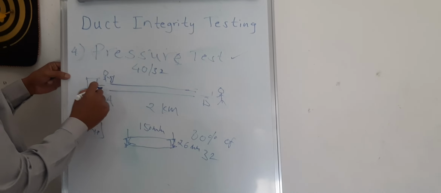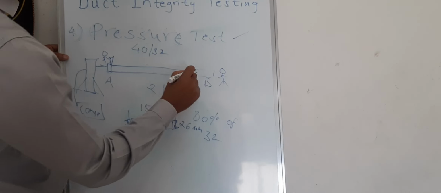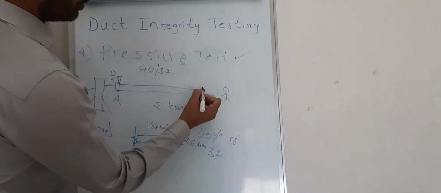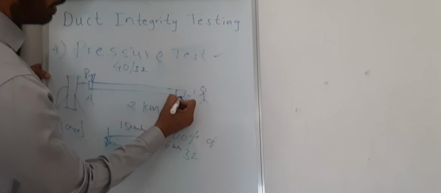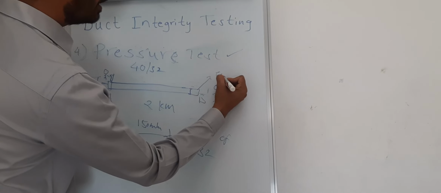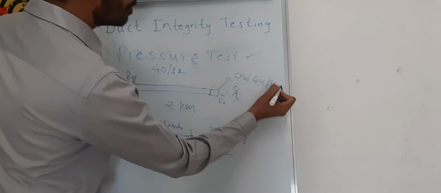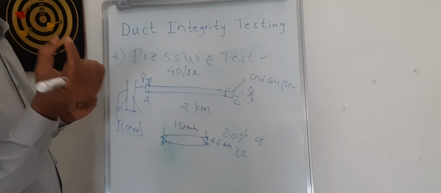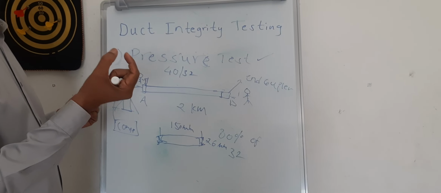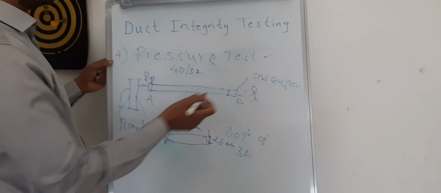Again, your duct integrity testing machine will be connected to this duct. At the end of the duct you will be connecting an end coupler. This is called an end coupler. It will have a valve wherein you can fit a pressure gauge so that you can measure the pressure here.